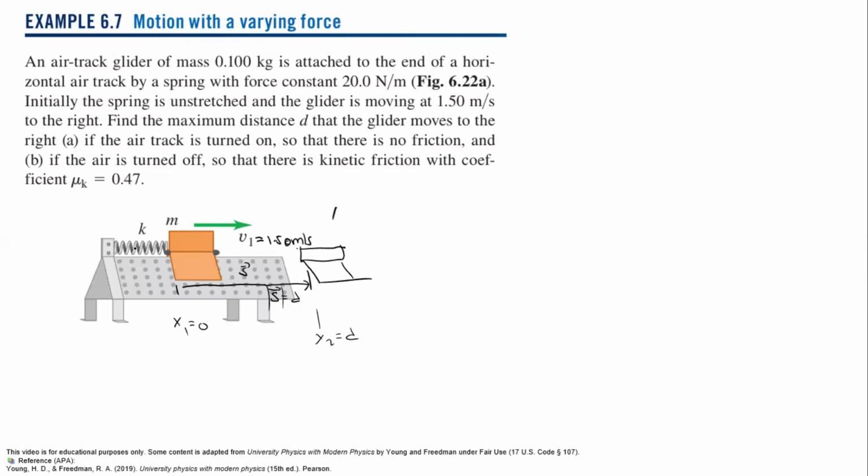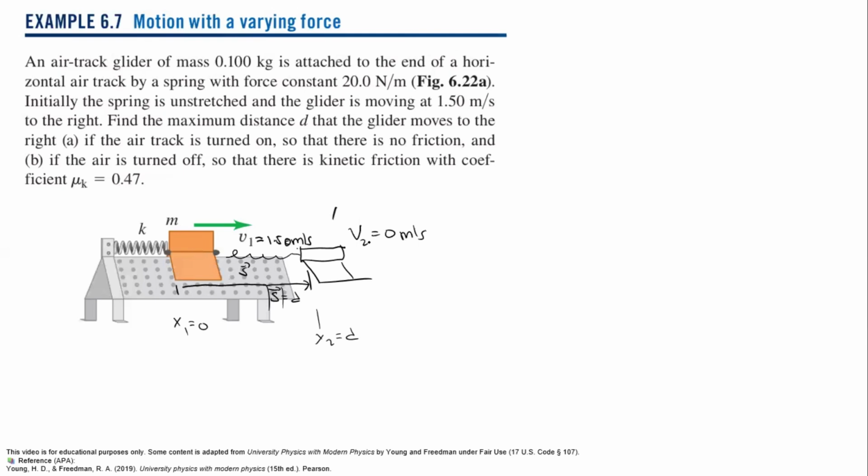Because of the initial velocity, the spring will stretch, and because of the spring, the final velocity is equal to zero. Although you apply an initial velocity, you will undergo a displacement up to a maximum, and when you reach that maximum displacement, you will stop, where your final velocity is equal to zero.